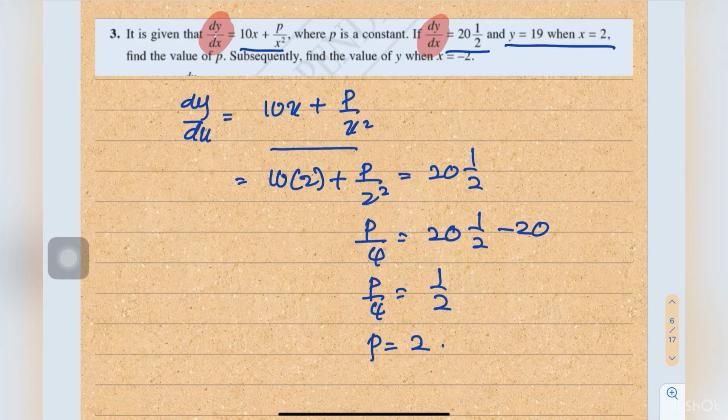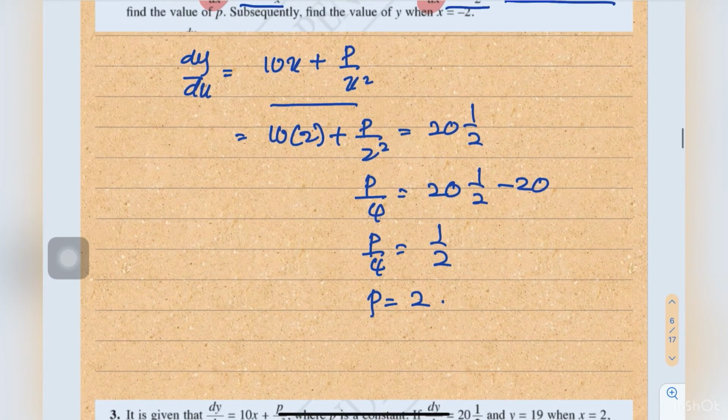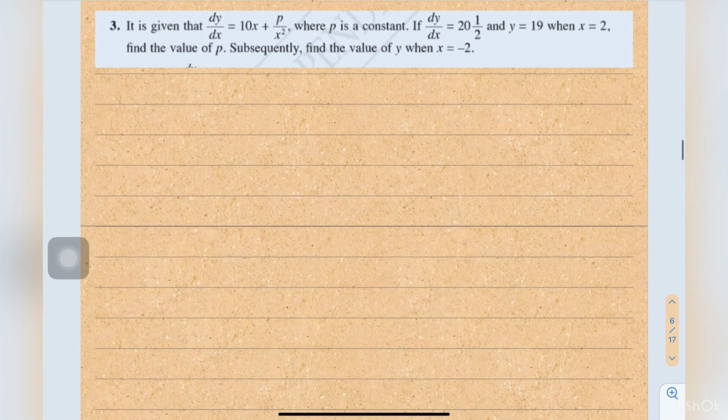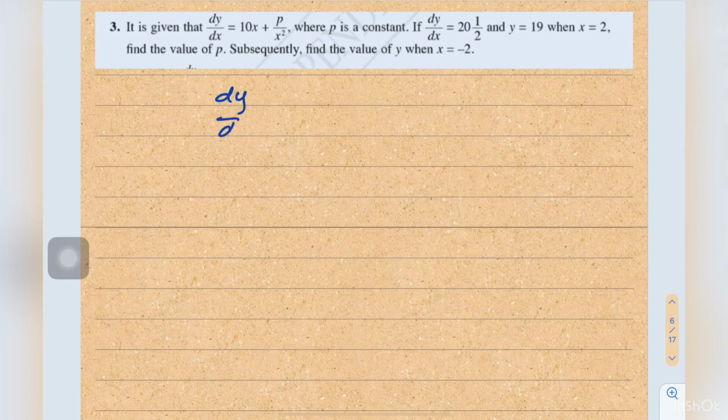Subsequently, find the value of y when x equals negative 2. Before you find the value of y, you need to find y first, meaning that you have to find the equation of the curve. So now we substitute the value of p that we got into dy/dx. Therefore dy/dx equals 10x plus p over x squared.